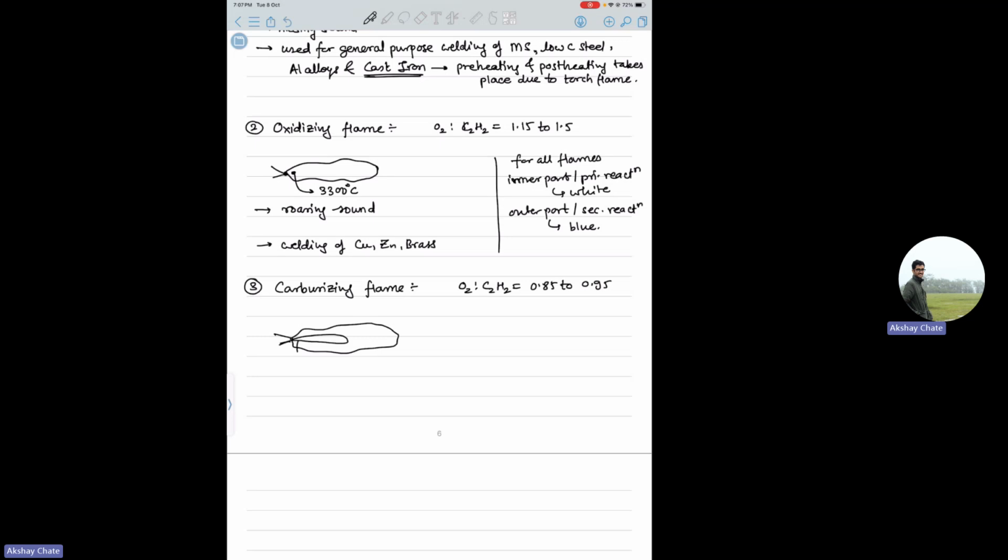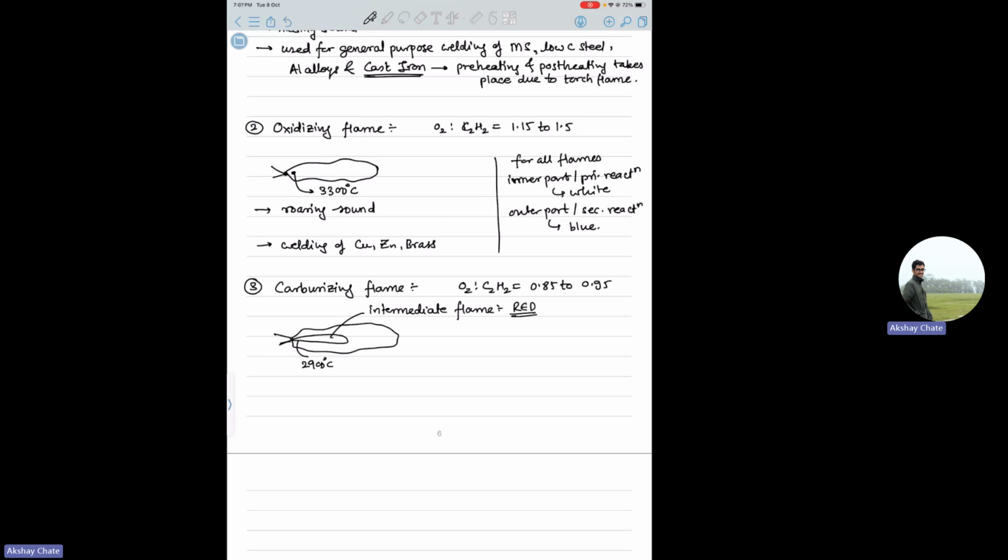Here you'll have temperatures like 2900 degrees Celsius. But the peculiar thing observed here is this intermediate flame. This is not observed in other cases, and it is red in color.